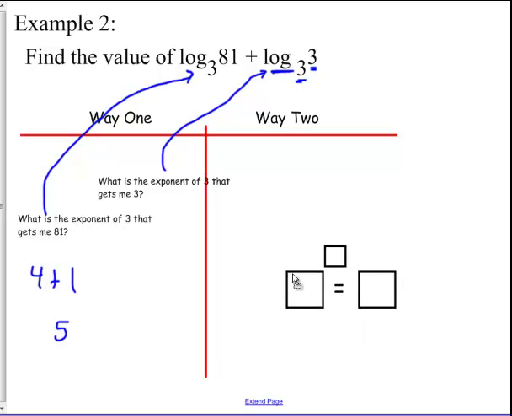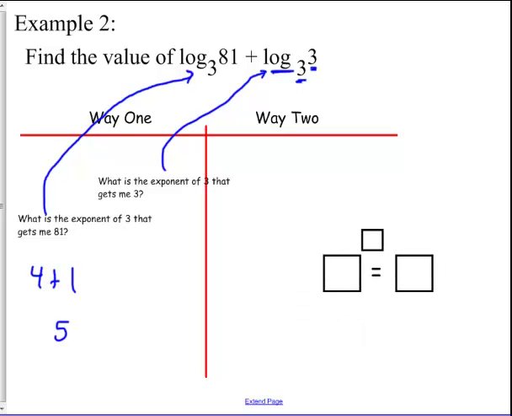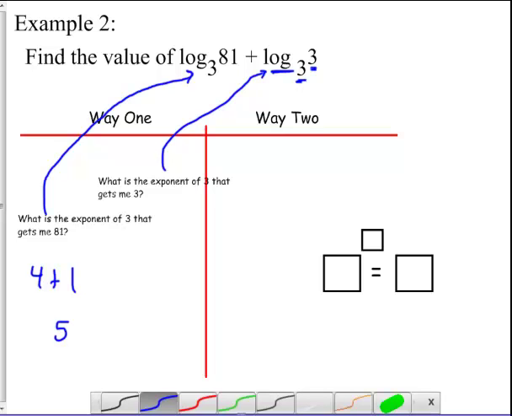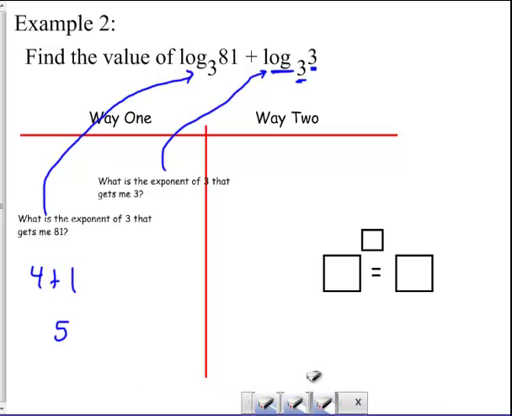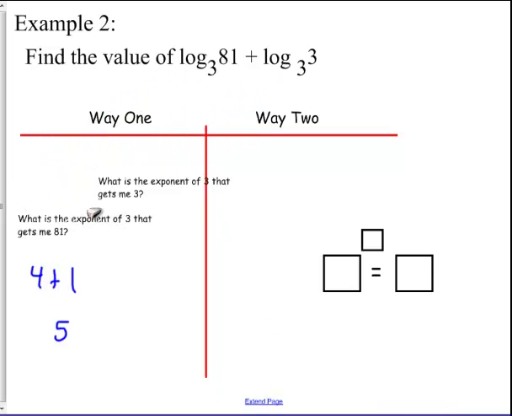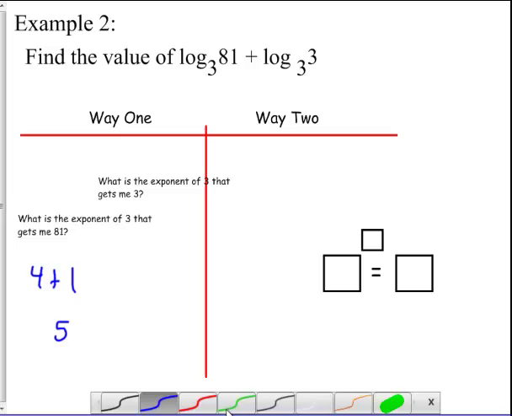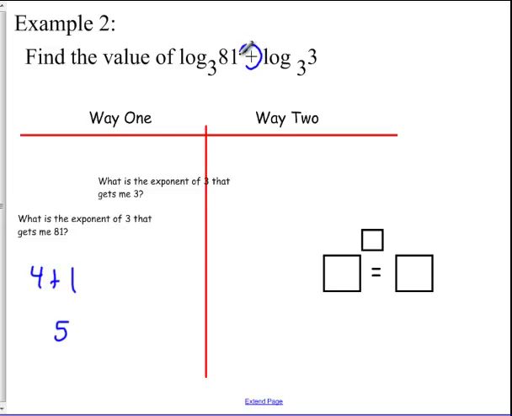Or we could look at it another way. We could realize that when we're adding, let me erase this right here. If we want to turn this back into a real world problem, I'd look at it this way. If we're adding right here, that meant John Napier was doing this.